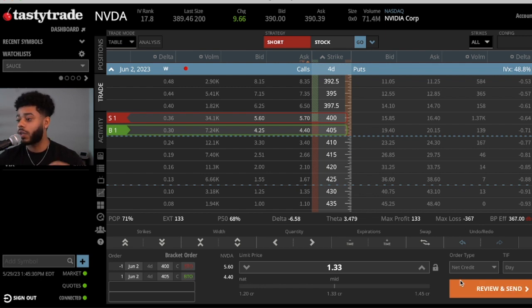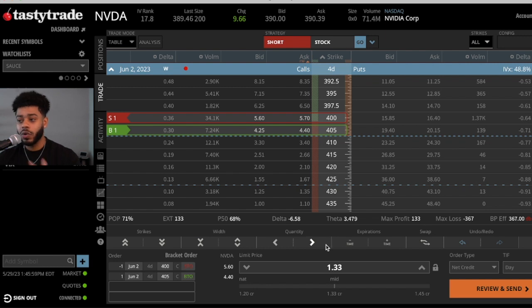So if I were to enter this trade right now, the most that I could possibly lose on this trade is $367, right? I'm not saying you have to accept the max loss or wait for the trade to get to max loss, but this is just the worst case scenario when you're entering the trade with one contract. So the max loss is $367 per contract, and the max profit is $133 per contract.